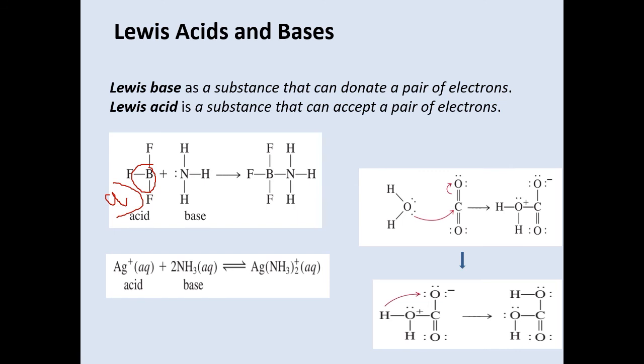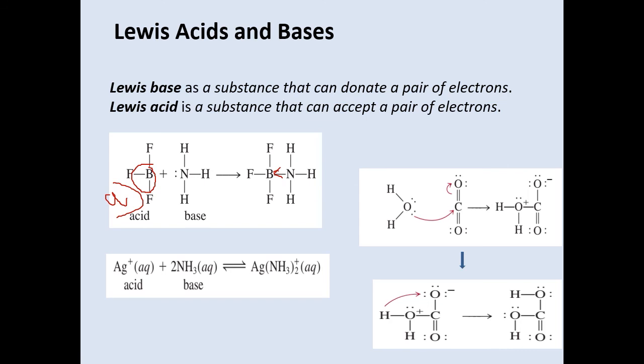And ammonia, of course, is a base. So it will take this electron pair, and this is actually a dative bond, called a dative bond because these two electrons are coming from the ammonia, and it is usually represented as an arrow from where the electrons are coming.